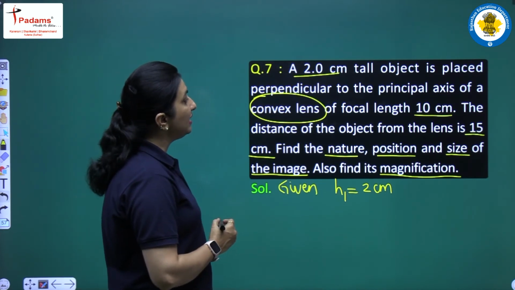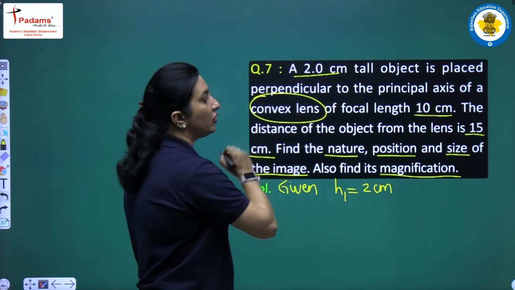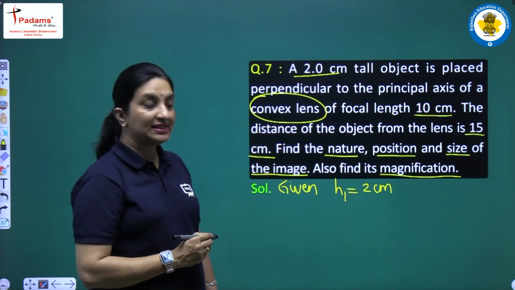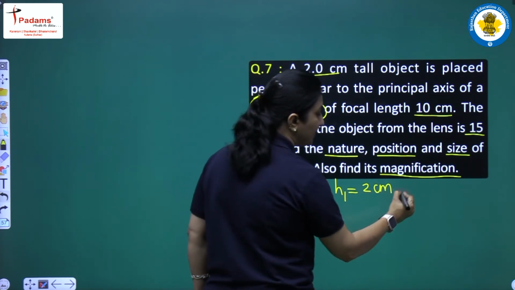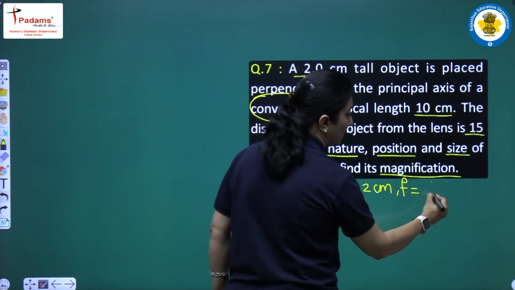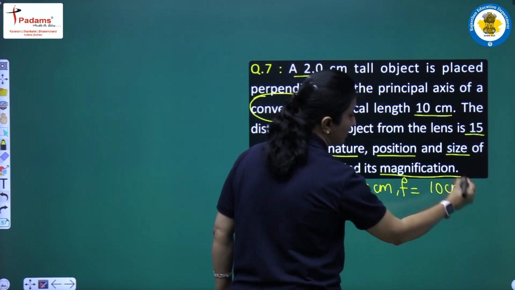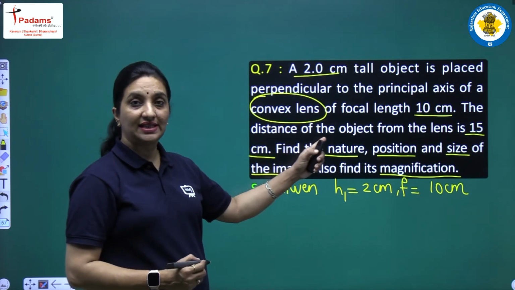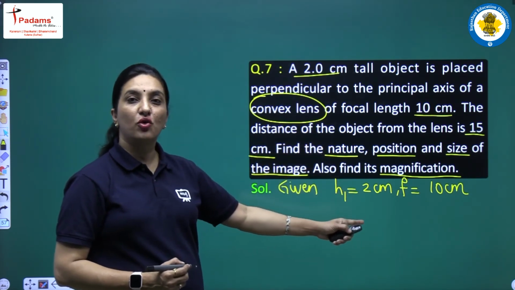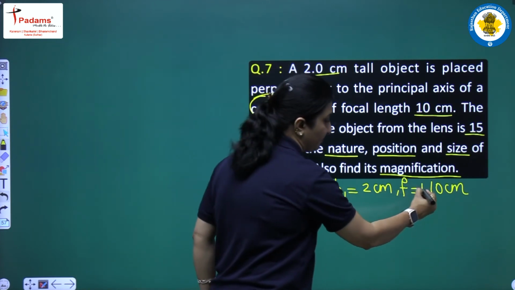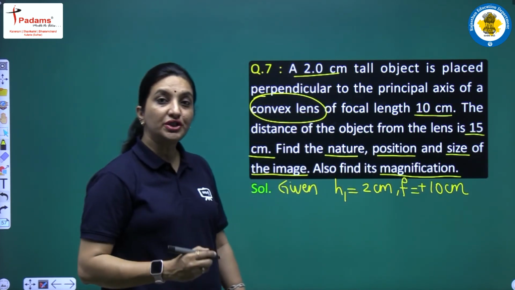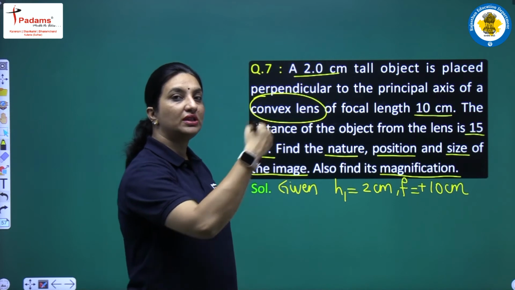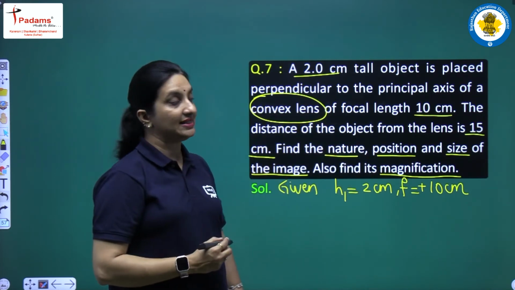What next is given? That the focal length of the convex lens is 10 centimeters. So F is given as 10 centimeters. Now students, what we see here is that we have a convex lens, and for convex lenses the focal length is positive because the principal focus lies on the right of the lens.